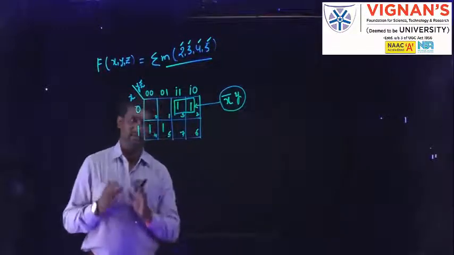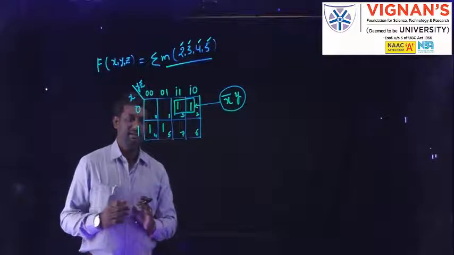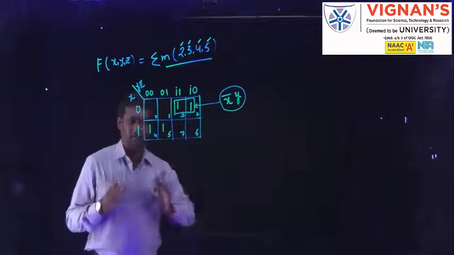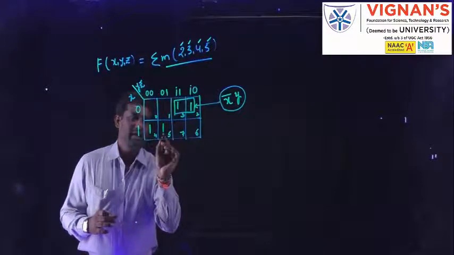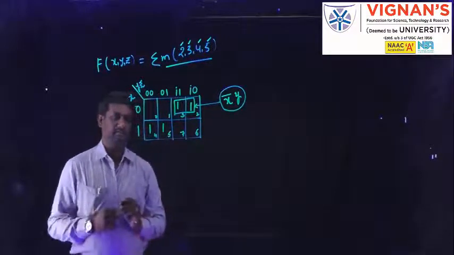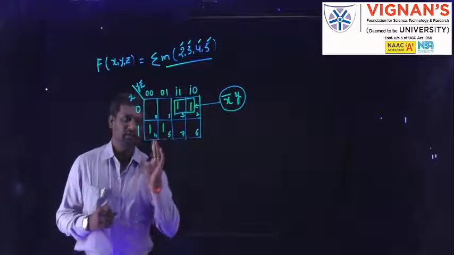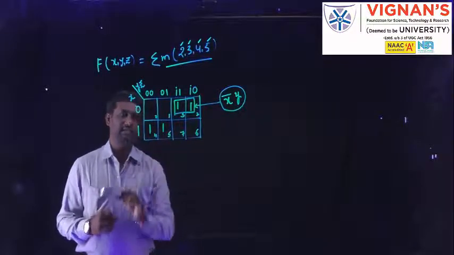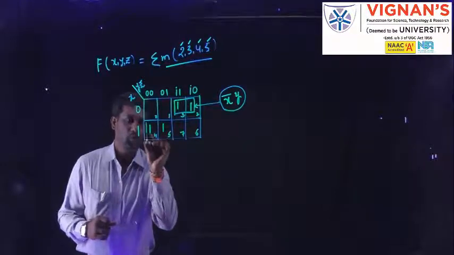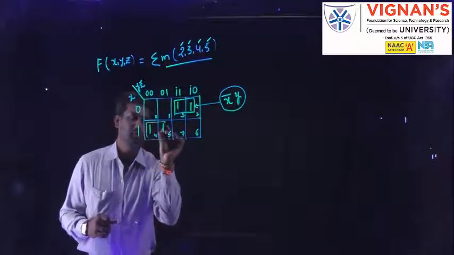Similarly, if we observe, there are also 2 more cells not covered. Those 2 cells are minterms 4 and 5. And if we observe, 4 and 5 are also adjacent to each other, that's why I am grouping those 2 cells.